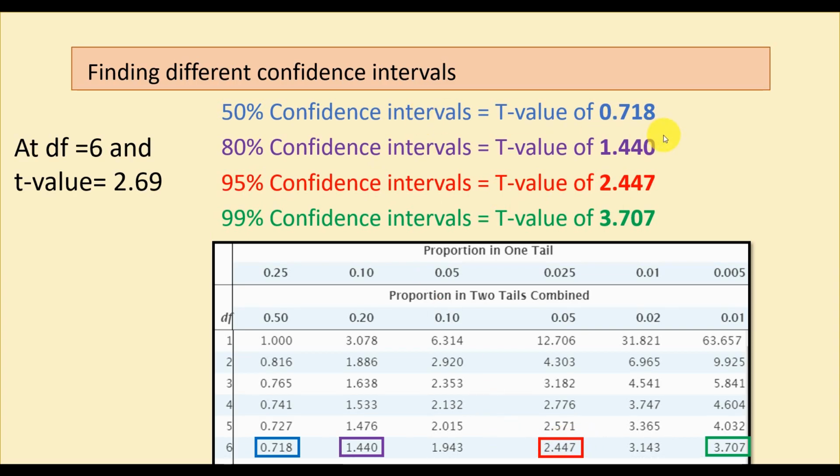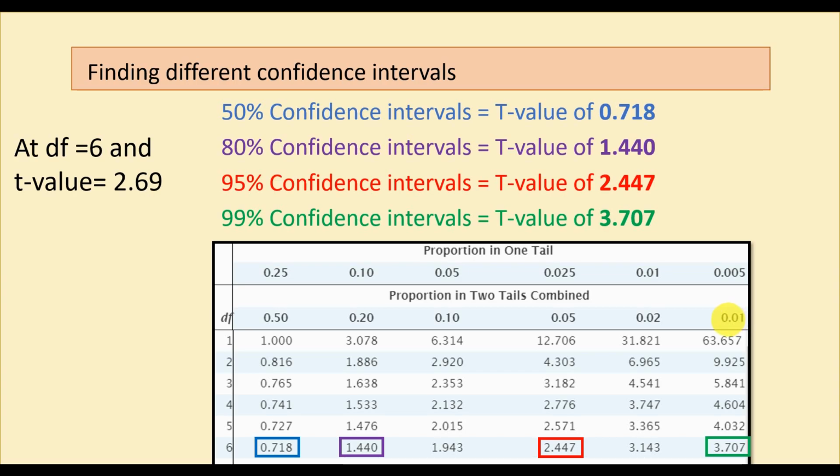But for any reason you decided to calculate different confidence intervals, let's say you wanted to be very conservative and use a 99% confidence interval, you would literally have to go within your table and find 0.01, because 1 minus 0.01 is 99%.